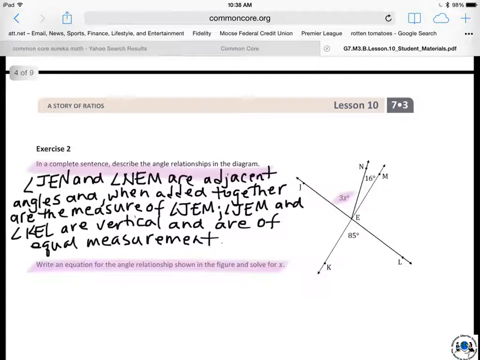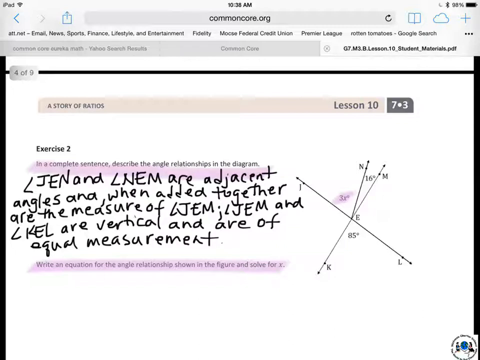Okay, so here's what we have, a little statement of these relationships. Angle JEN and angle NEM are adjacent angles. They're next to each other, sharing a common side, which is in the interior. When you add those together, they are the measure of JEM.